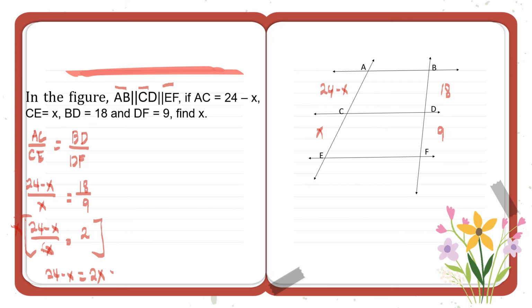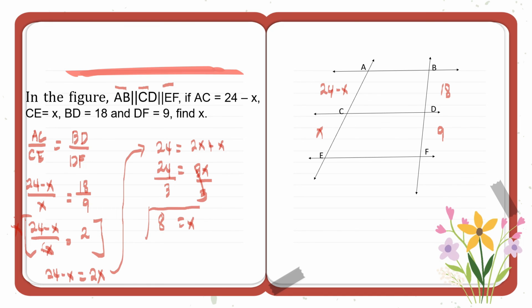Combining similar terms, we get 24 equals 2X plus X, which is 3X. To solve for X, we divide both sides by 3. So therefore, X is equal to 24 divided by 3, which is 8.